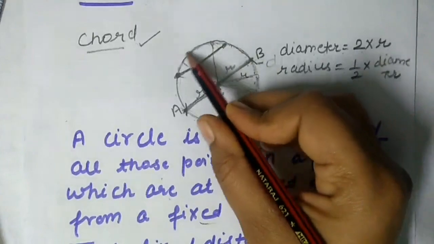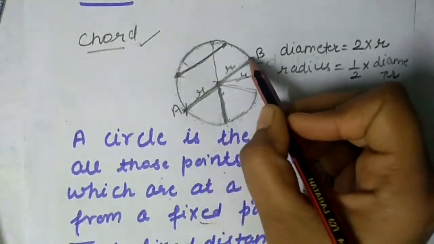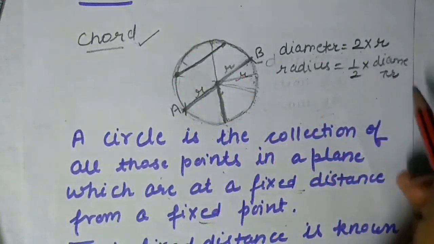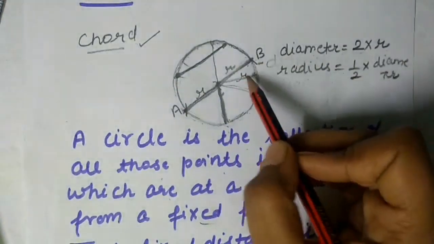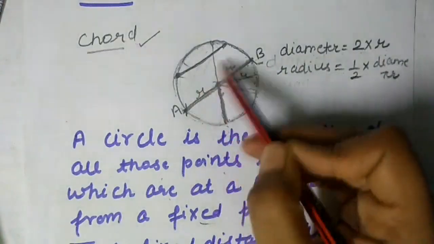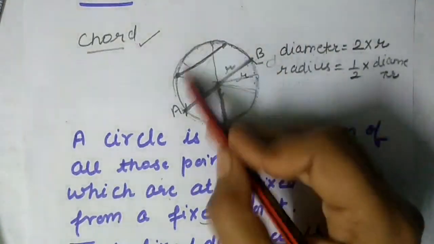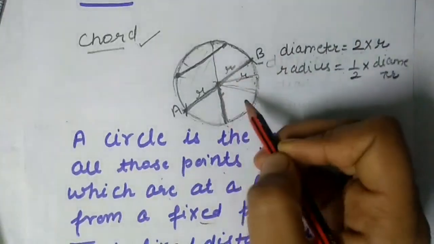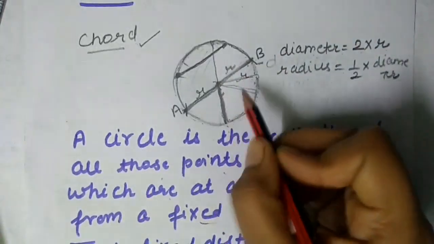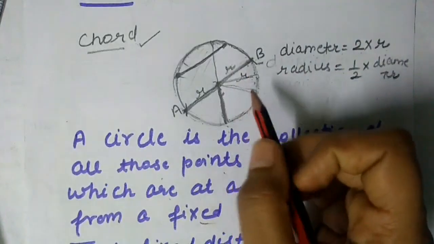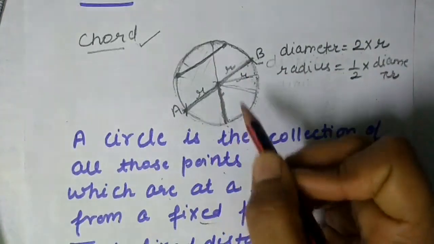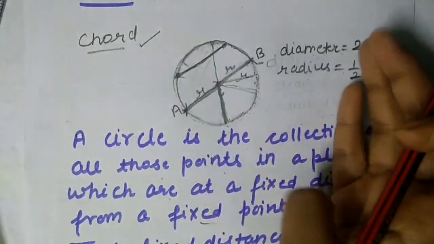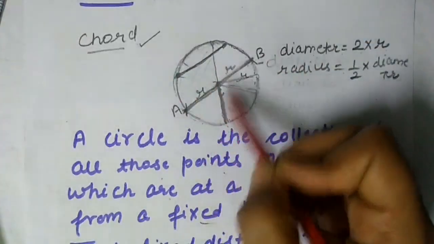So the length of this boundary, or the length of this whole arc, is known as the circumference of the circle. And the region that is enclosed by this boundary is known as the area of the circle. Now we will learn how to find the length of the boundary, that is the circumference, and the area of the circle.